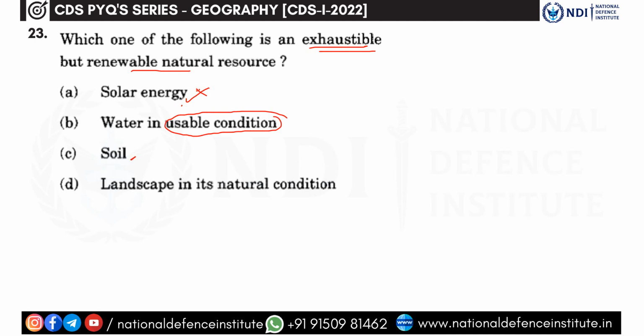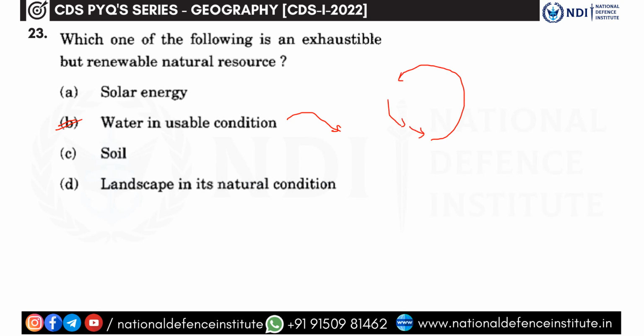It is actually non-renewable because it keeps on being exhausted. Landscape in natural conditions, something both are similar. So the answer for this is option B, because that becomes groundwater that filters out because of the water cycle only, which makes it renewable. So because of that, we have option B as the answer.